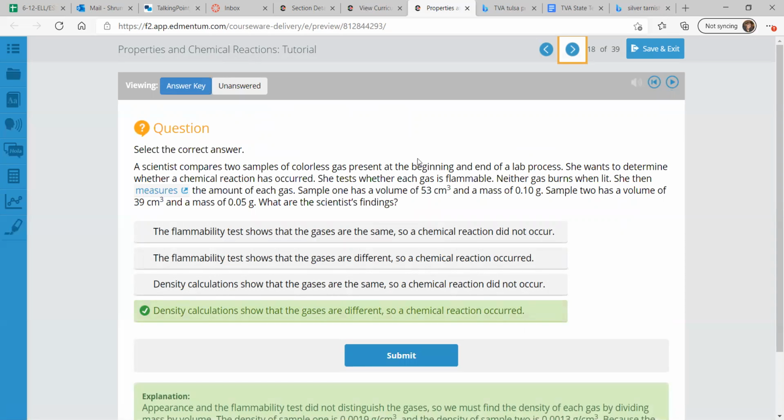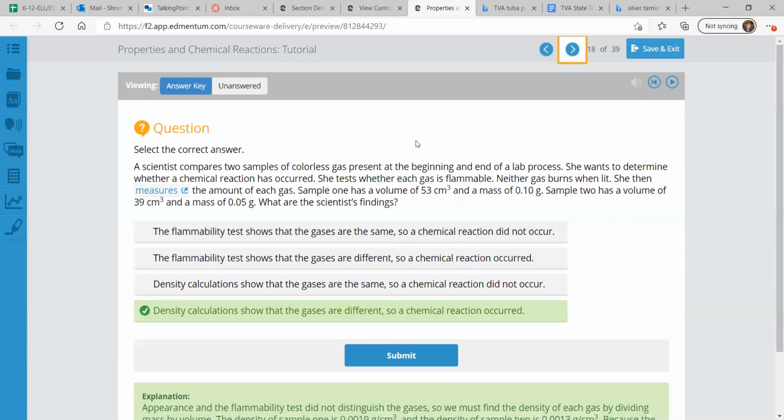All right, more question understanding checks for you. A scientist compares two samples of colorless gas present at the beginning and end of a lab process. She wants to determine whether a chemical reaction has occurred. She tests whether each gas is flammable. Neither gas burns when lit.